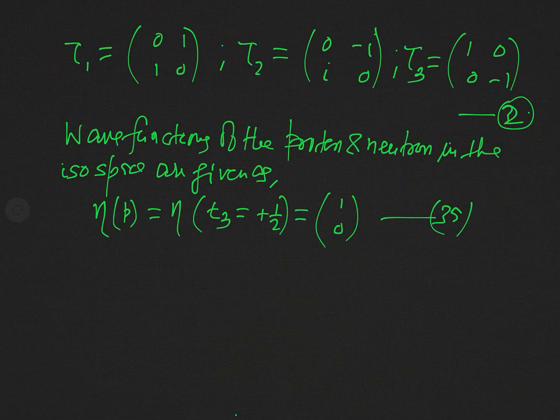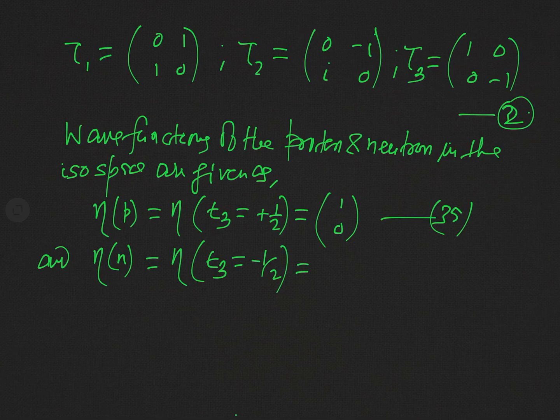Say this is 3a. And the wave function of the neutron, this is eta n, and this is eta with T3 equal to minus half for neutron in accordance with our convention, and this is given by the column matrix 0 1. This is 3b.